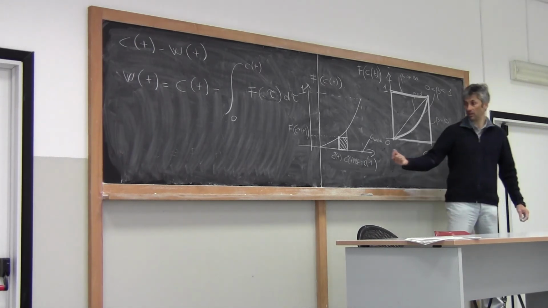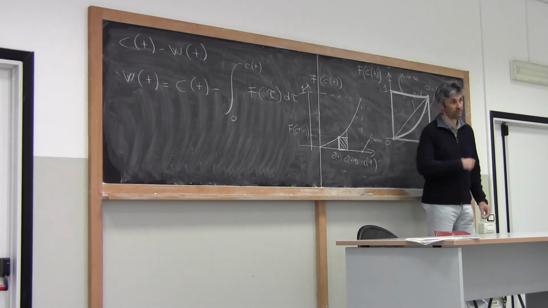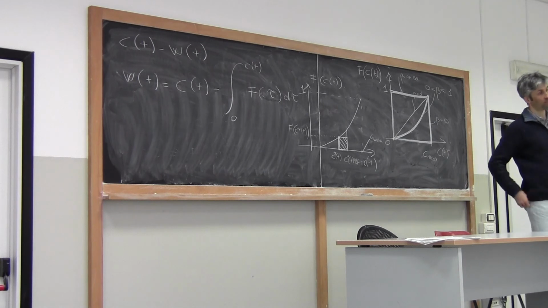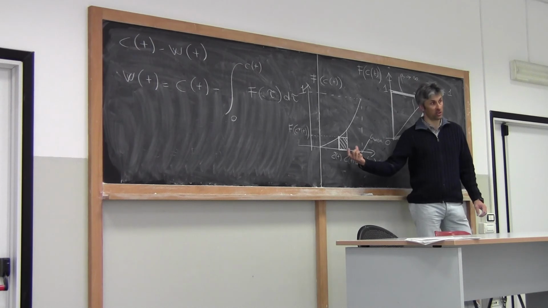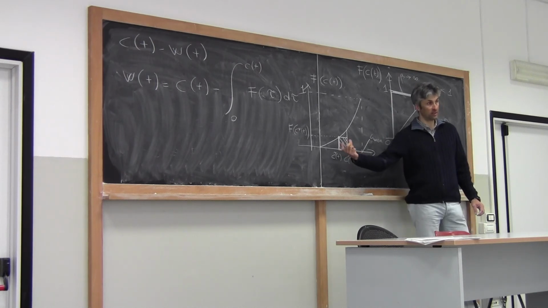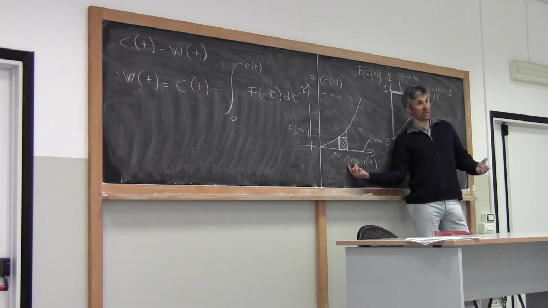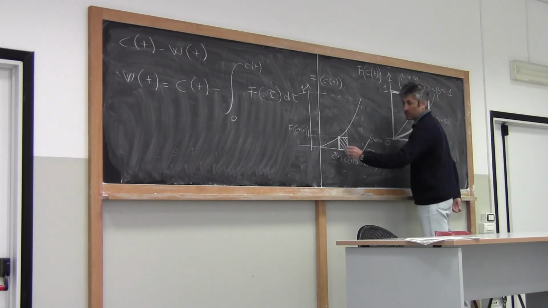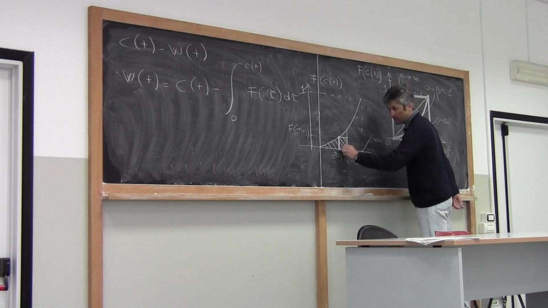Because the increment delta C is infinitesimal, and therefore I can neglect it. Therefore, you see that this rectangle is just the amount of water that was rejected by the catchment passing from C star to C star plus delta C. If I extend this operation from the beginning of the event until C star, or C star plus delta C, which is the same, I get the integral of what?